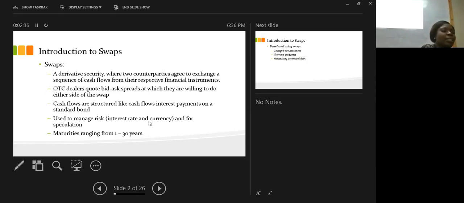The other party has a floating rate loan and wants a fixed rate loan because they believe interest rates will go down. So floating doesn't want to stay with floating, and fixed doesn't want to stay with fixed. Everyone has their own opinion of what's going to go on in the market, right?